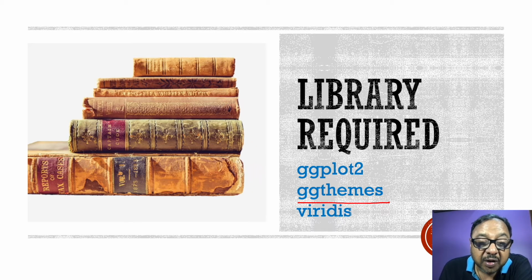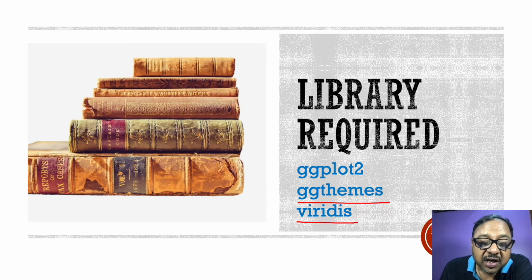Then we will use a library called Viridis. Now this is a separate library. From Viridis, what we do is that we basically take the color palettes. Now there can be other color palettes also, like RColorBrewer, etc. You can choose the color palette. However, what is important is that the color palette should give you a sufficient number of colors as required for the visualization.